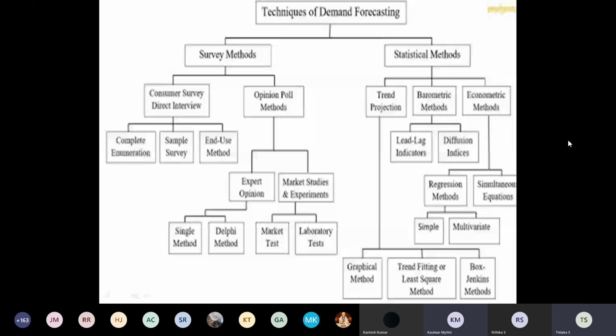Yes, ma'am. Okay. So under the statistical methods, as I told on that day itself, we are going to see the trend projection, the time series analysis, and on the econometric model, we are going to see only the regression and the simple regression alone, not the multiple regression analysis, not the simultaneous equations, and not the barometric methods.